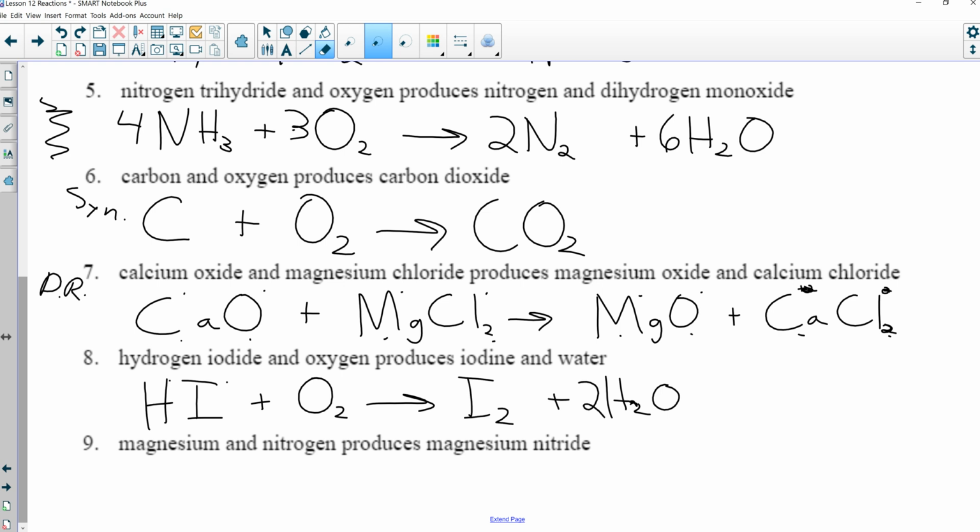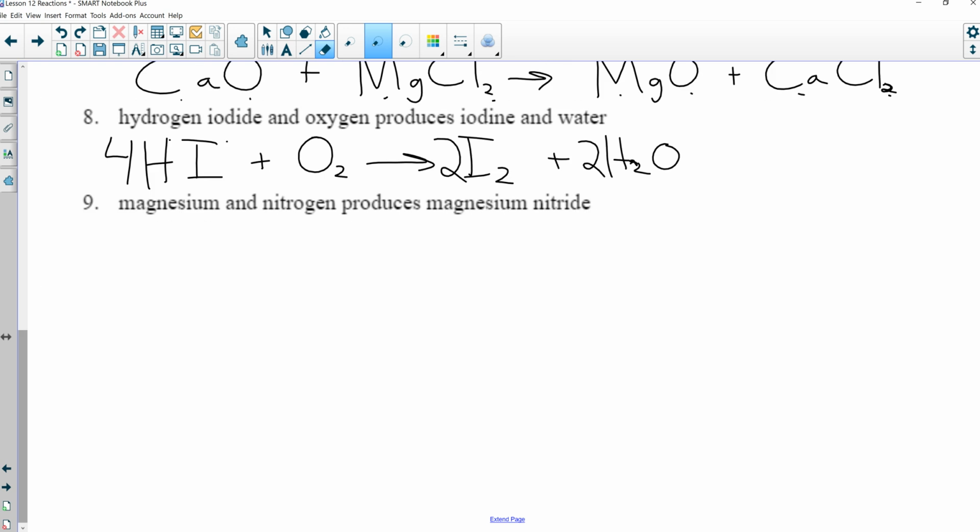Now it's a 2 on that side, but now there are 4 hydrogens. So I gotta back up and make 4 hydrogens. Now there are 4 iodines. Back over here, now there are 4 iodines, and now everything is balanced. And what kind of reaction is that? Single replacement, yep. We got an ionic compound and an element reacting.